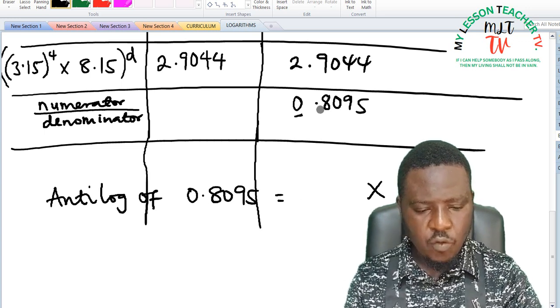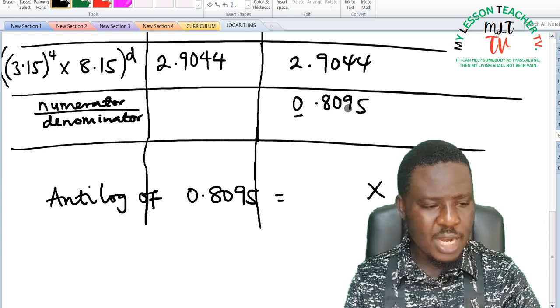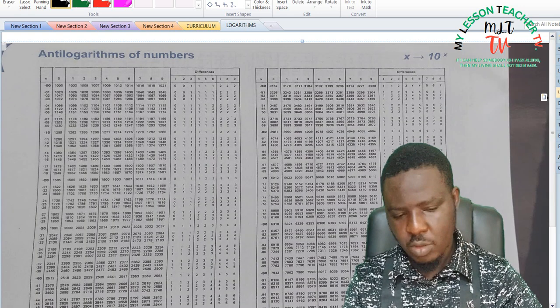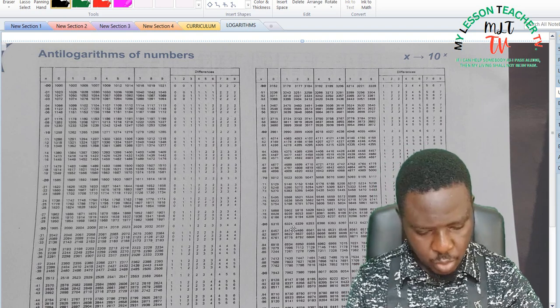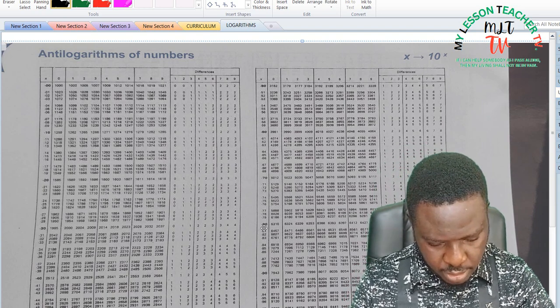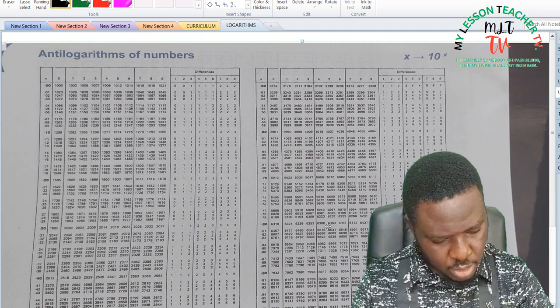So we then look for 0.80 under 9 using the anti-log table. This is the anti-log table, 0.8. So 0.80 is somewhere here. This is 0.80 under 9.